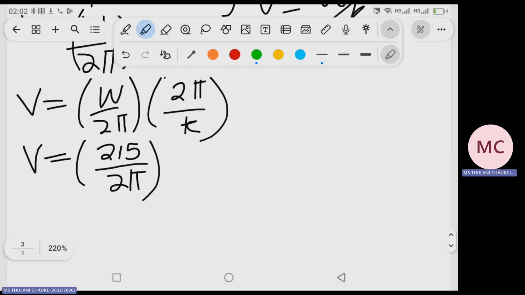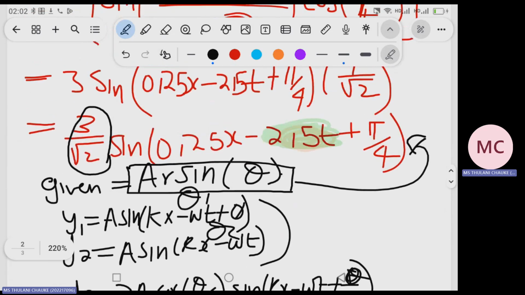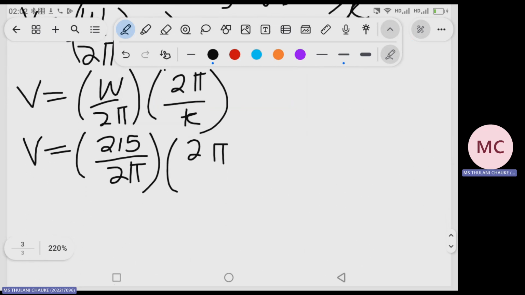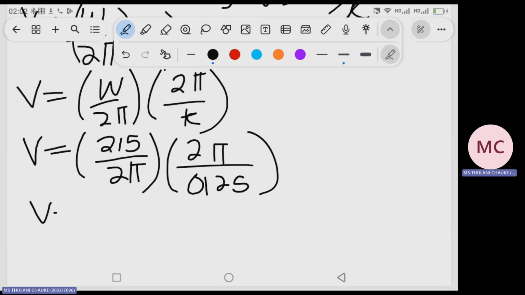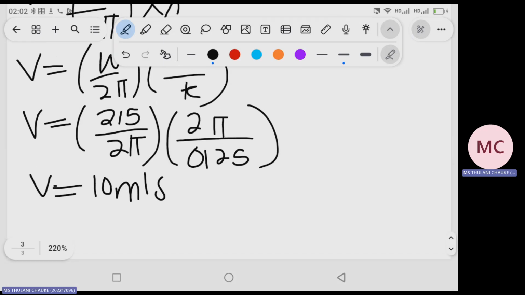And then we go down, and we know that our k is there also. So the value of k is 0.25. Then you'll get your velocity to be equal to 10 meters per second.